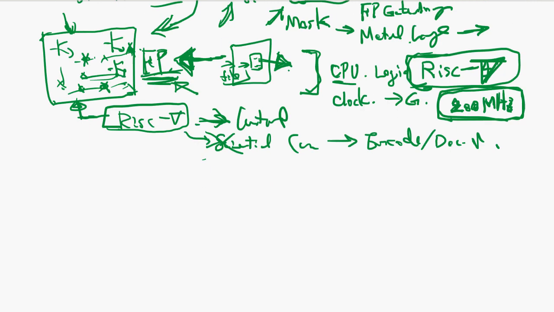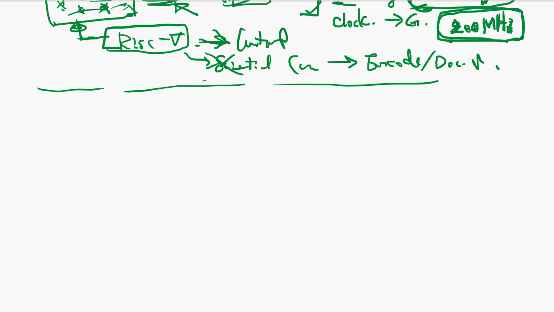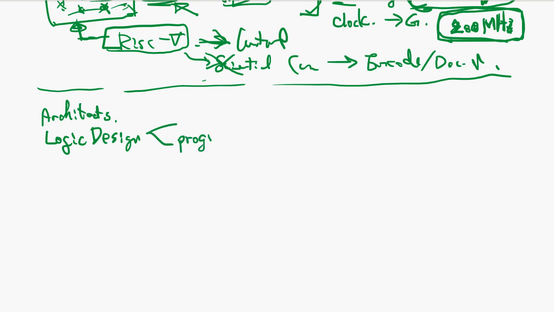So far, what you need is architecture and logic design, and this can be more like a programming language, but it's not like programming. You need a lot of experience in logic design to understand what's going on. So it's more like a hardware engineer.